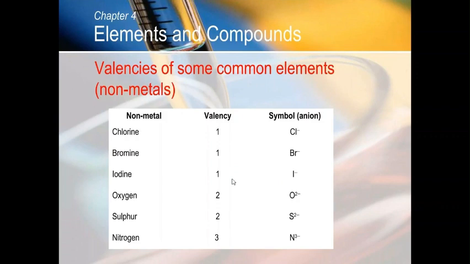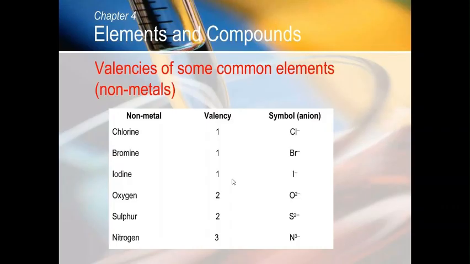So chlorine has a valency of 1, and the symbol is Cl with a negative charge. Bromine 1, bromine with a negative charge. Iodine with a negative charge of 1, and we usually just put a negative symbol because we don't want to put in the 1. And that's just chemistry, guys.